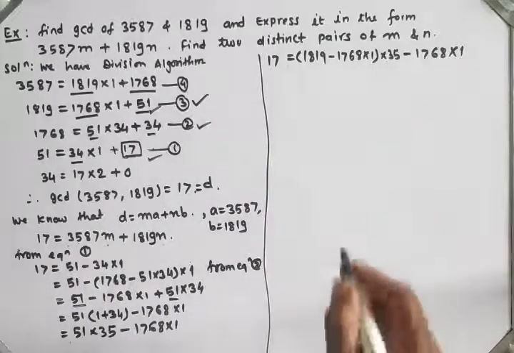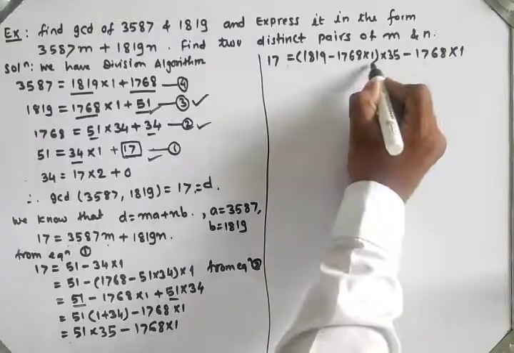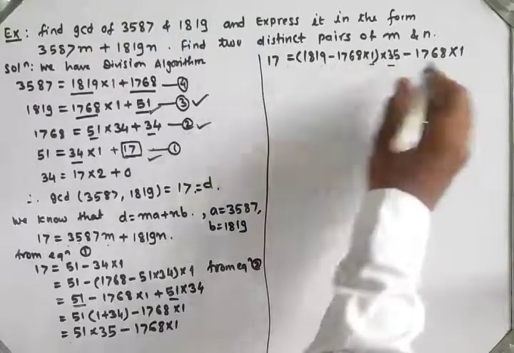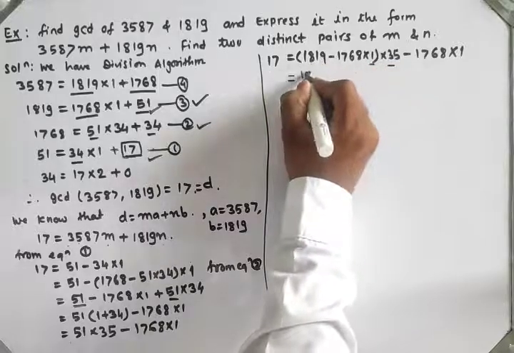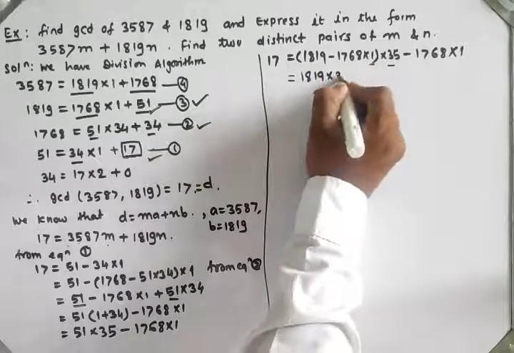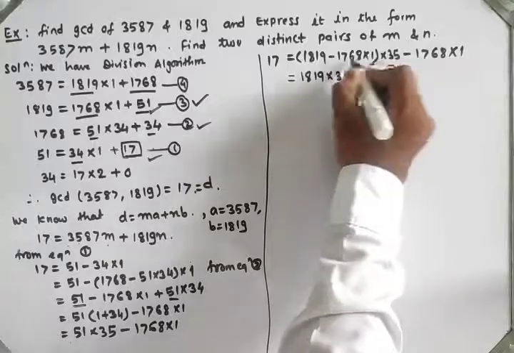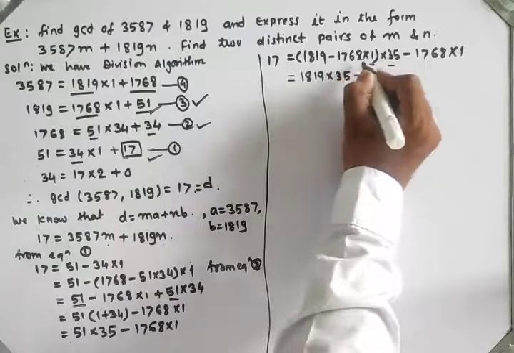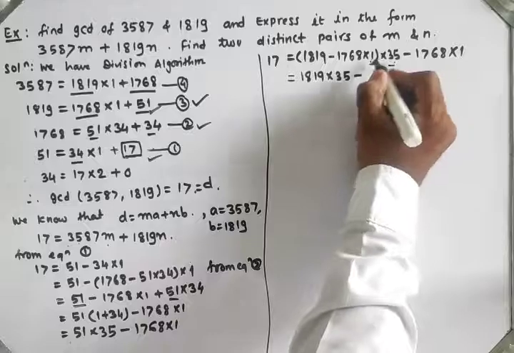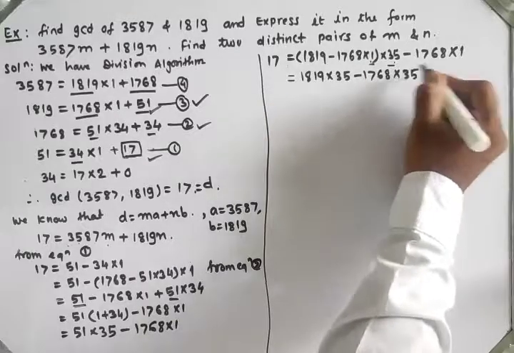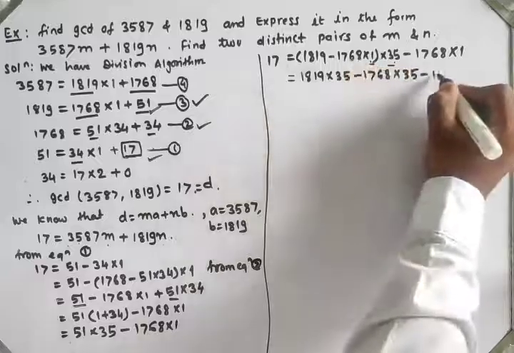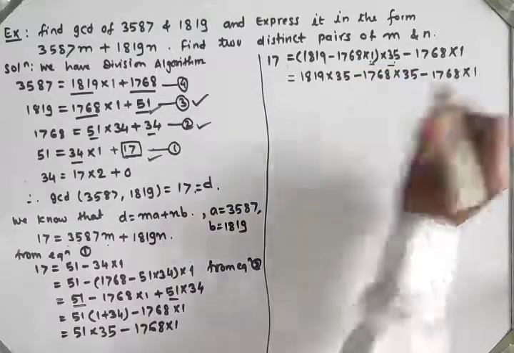We can multiply only these numbers, so the first number is as it is. So I will write 1819 into 35 minus 1768 into 35, so minus 1768 into 1.